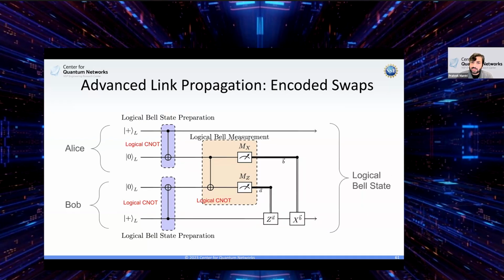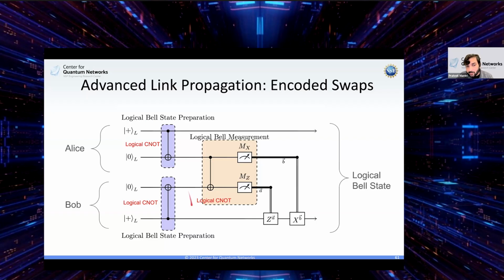We can also do this at the logical level. If you remember the logical states that we saw when we were talking about the near deterministic methods, we can also do all of these operations now on the logical level. So we prepare a logical plus state and a logical zero state at Alice, and we apply a logical CNOT, which essentially would create a logical Bell state here.